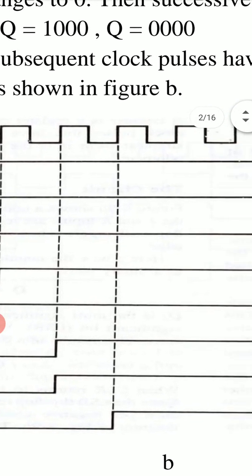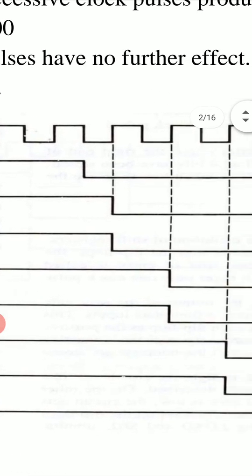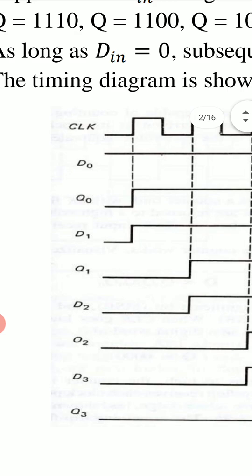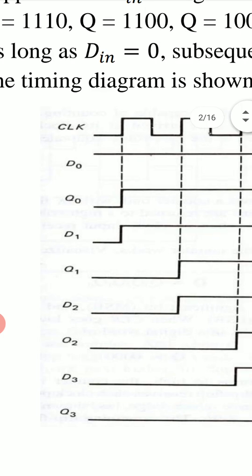D0 is 1 here, because here now it becomes 0. So Q0, Q1, Q2, Q3 are all assumed initially 0, and D0 is 1. When the first positive clock edge arrives, Q0 becomes 1.